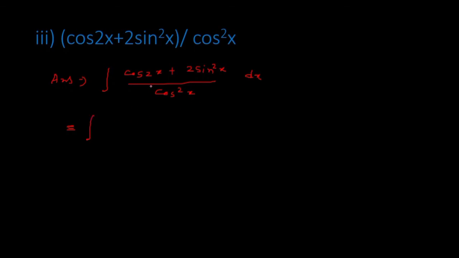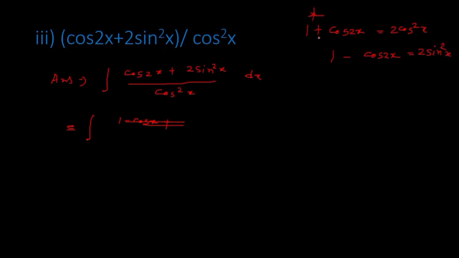The formulas of cos 2x, we have to remember. 1 plus cos 2x is 2 cos square x, and 1 minus cos 2x is 2 sin square x. Those are very important formulas, so we need to recall them.